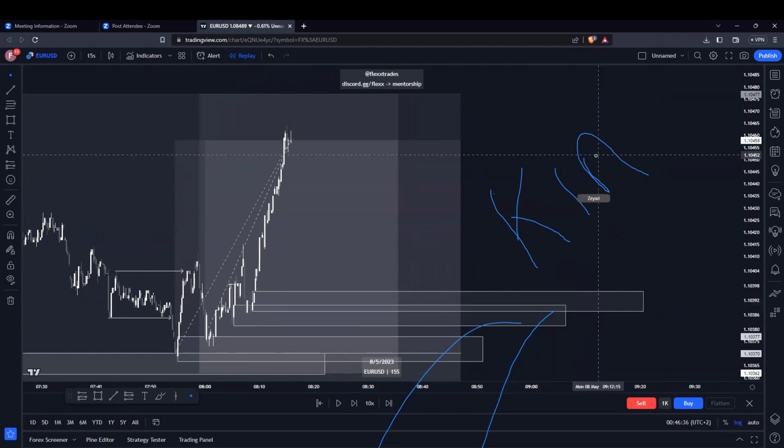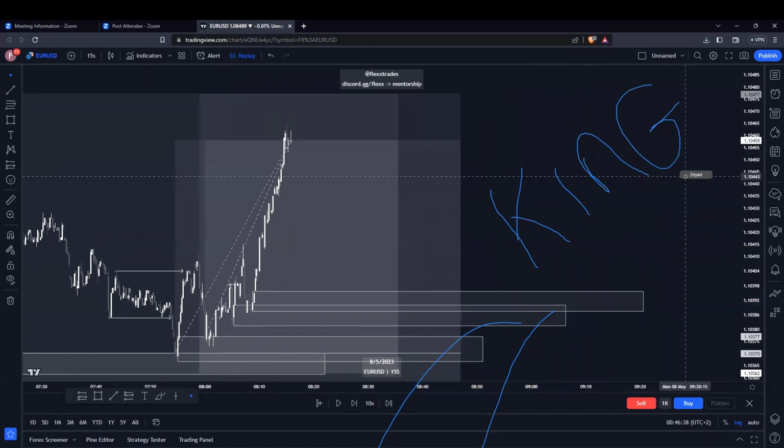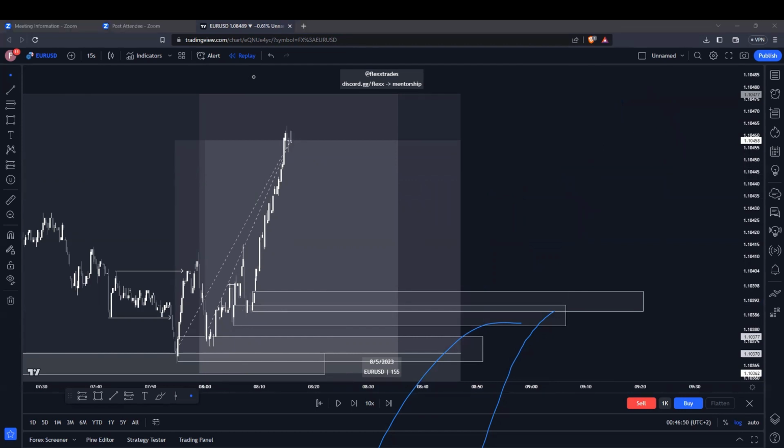What the fuck? Delete this, bro. How is that supposed to happen? Clear all drawings. How do I make it so nobody can do this? Yo, that's scary.